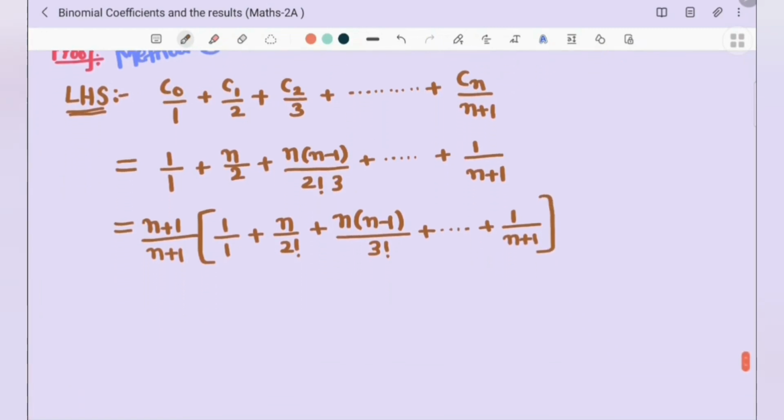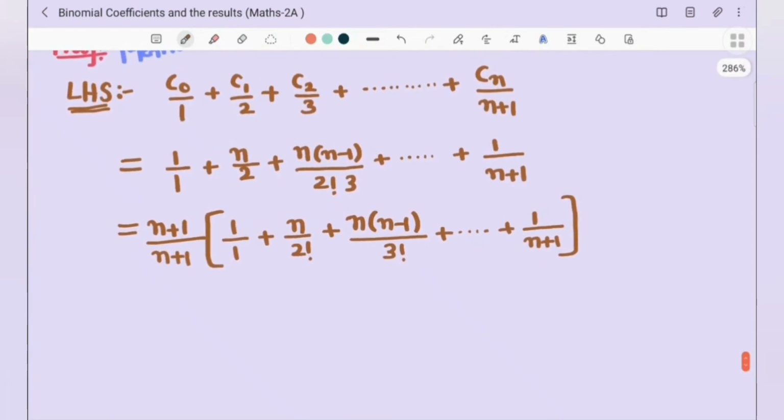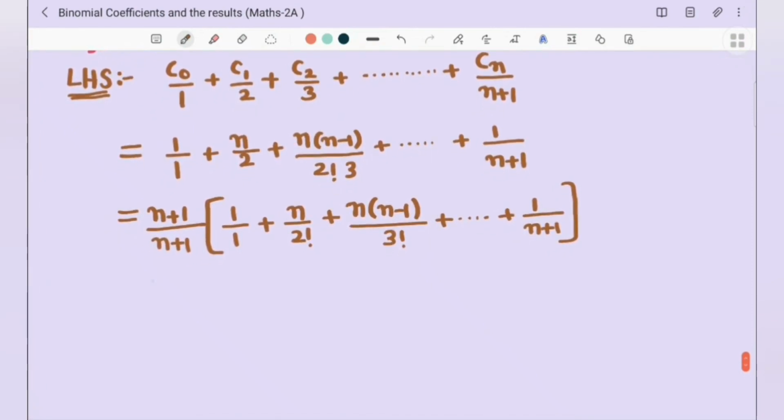In the next step, n plus 1 in the numerator we are taking into the bracket. It becomes 1 by n plus 1.